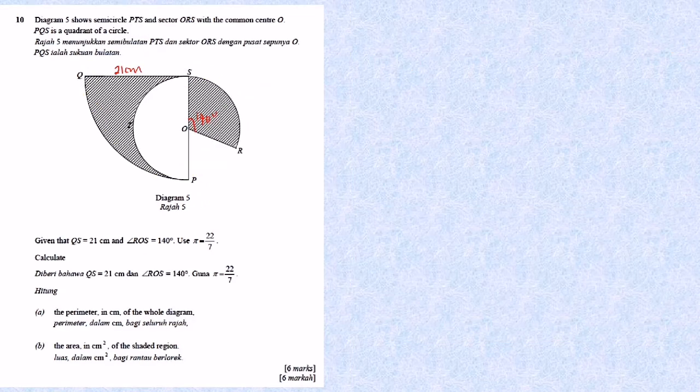The area in centimeter square of the shaded region. As you know, the area of a circle is pi r square.